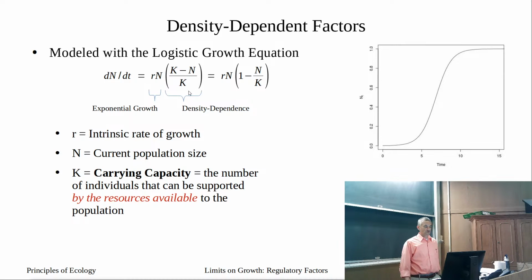And this term is basically adjusting our growth rate based on how close we are to our carrying capacity. So if we're far from the carrying capacity, we're going to exhibit close to exponential growth. If we're real close to the carrying capacity, our growth is going to be pretty close to 0. And if we are above our carrying capacity, we'll have negative growth.